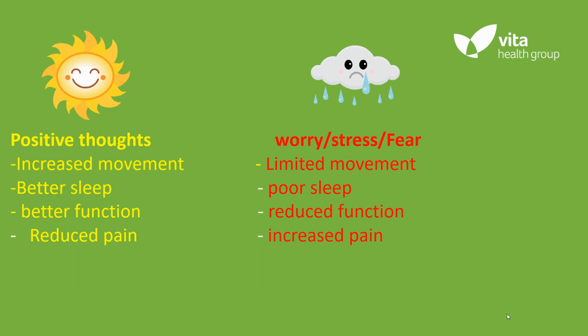When we're experiencing pain, we do tend to become more worried and more stressed, and we fear movement sometimes, which is understandable. Tackling pain from both the physical side and the psychological side helps us manage our pain a bit more efficiently.